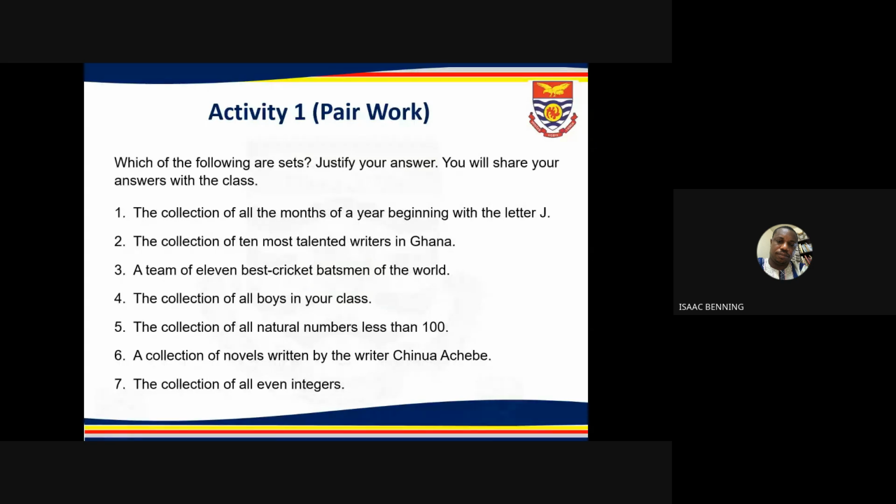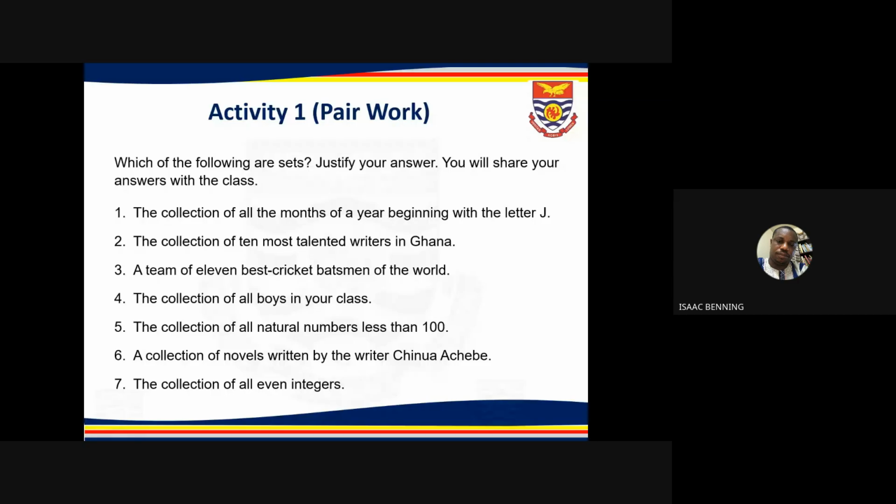When you see a magazine authored by Chinua Achebe, you will not consider it. When you also see a novel written by Ata Edu, you are not going to select it. So this makes number 6 also a well-defined set.